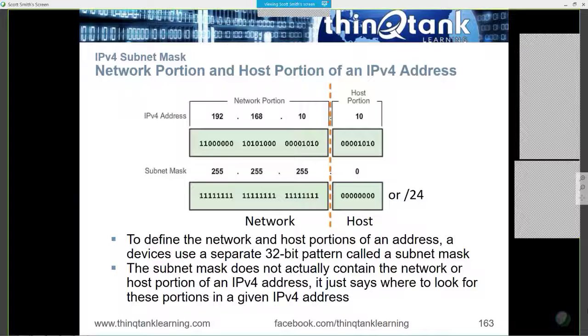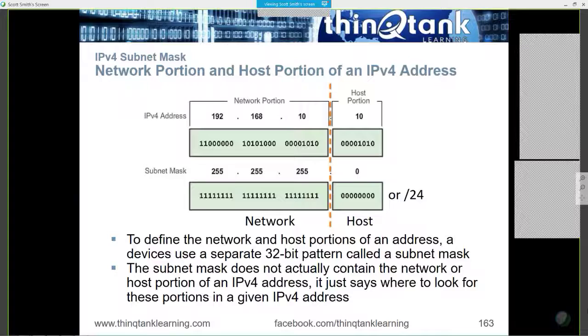Subnet masks are broken up into 2 pieces: the network portion of the mask and the host portion of the mask. The network portion of the mask is always represented with consecutive 1s. The host portion of the mask is always represented with consecutive 0s. You will never see a subnet mask that has a mix of 1s and 0s. All right? And by the way, it's the same for IPv6.